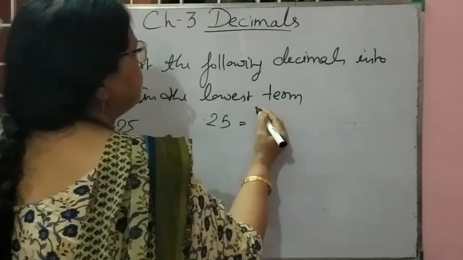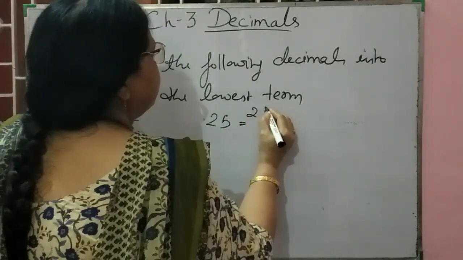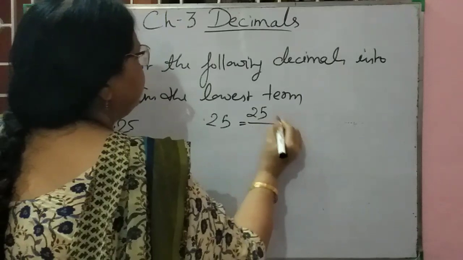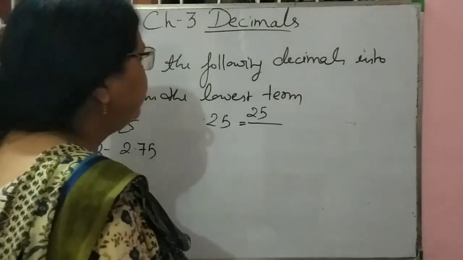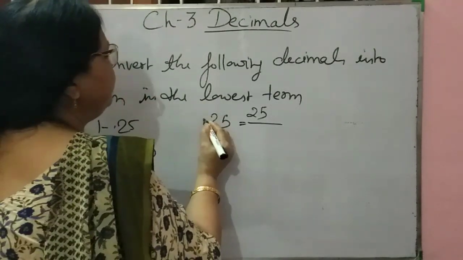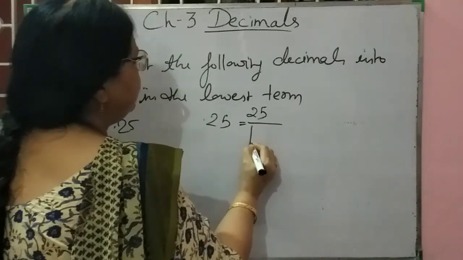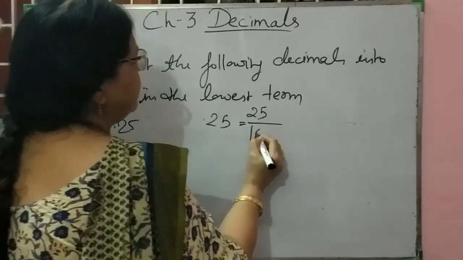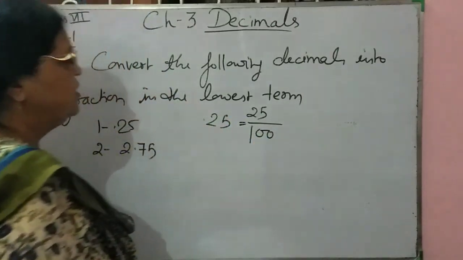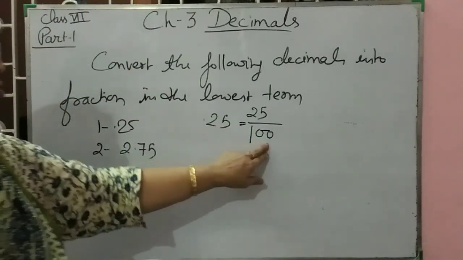Put the numbers here. 25 को आपको न्यूमरेटर बना देना है, and in denominator, in place of decimal write down 1, and how many digits are here? 2 zeros. 2 digits, put 2 zeros.